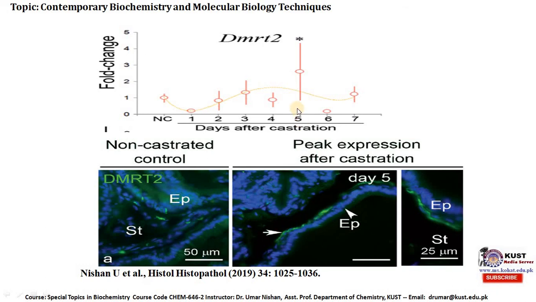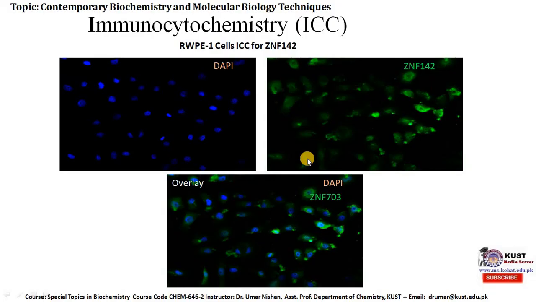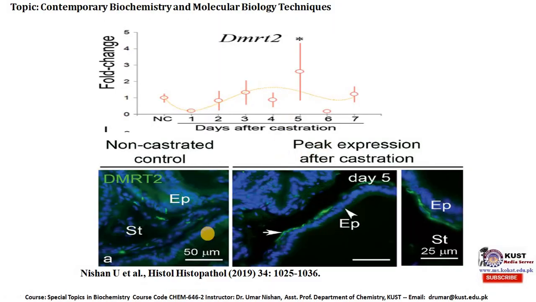So it also shows that the real-time PCR results indicate that the gene expression is not only showing an increase, but the translation of the gene is also taking place, and it can be localized in the tissue section as well.